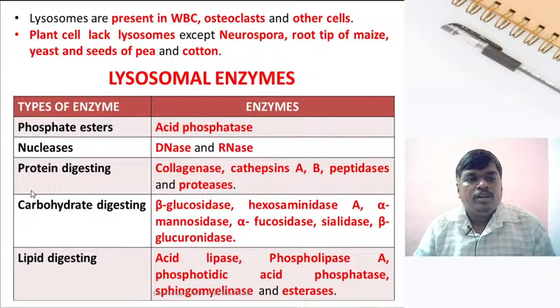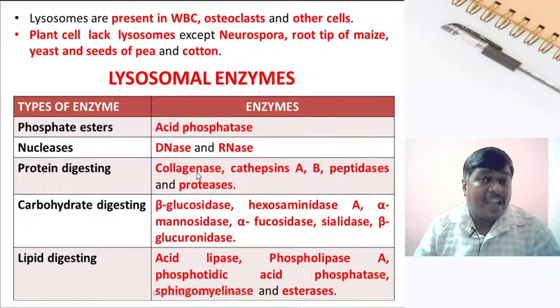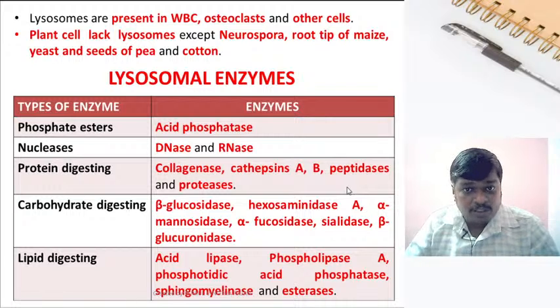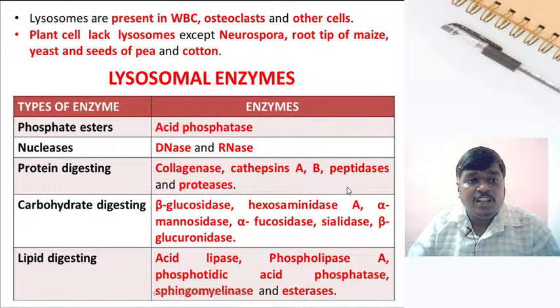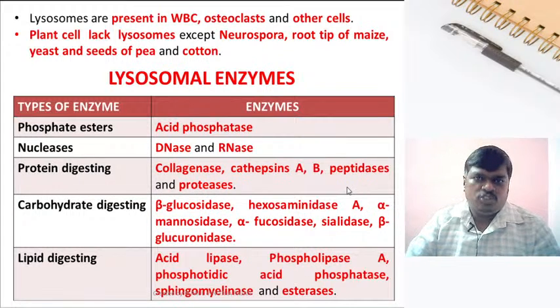Protein digesting enzymes include collagenase, which digests collagen, cathepsins A and B, peptidases, to break the bond between the protein molecules, and proteases. These are all protein digesting enzymes present within the lysosomes.